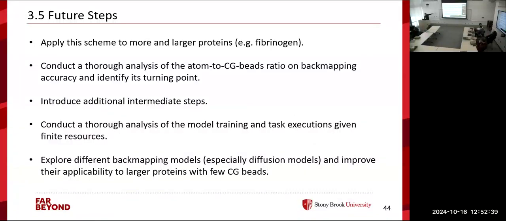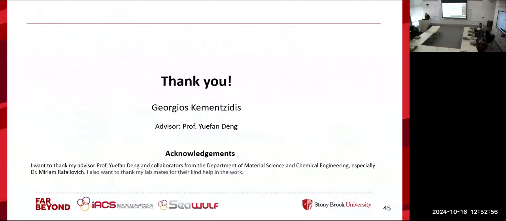There are some diffusion models that came after CGVAE and GenZProt, but are mostly tested and used on residue level coarse graining or some Martini-like coarse graining. Very, very specific. So we want to generalize this as well.